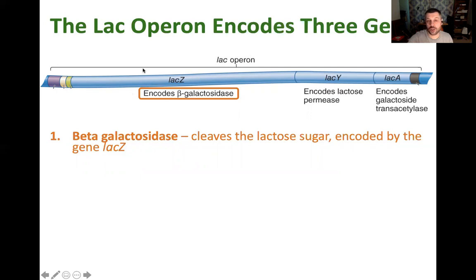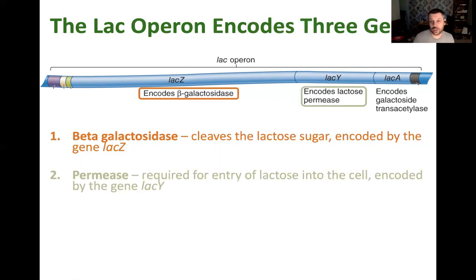And so remember, this is just a piece of DNA that contains these three genes. The first one encodes an enzyme called beta-galactosidase. This is involved in cleaving lactose, the sugar. And what that does, as you'll see in a second, lactose is basically two sugar rings attached together. This just cuts them in half so they can be used by the cell for energy.